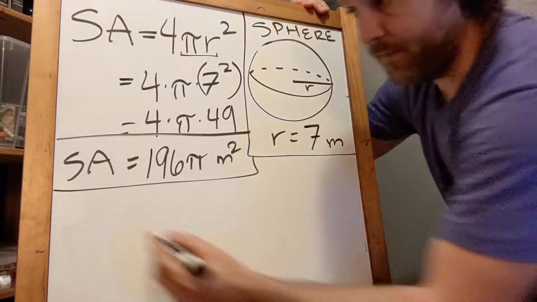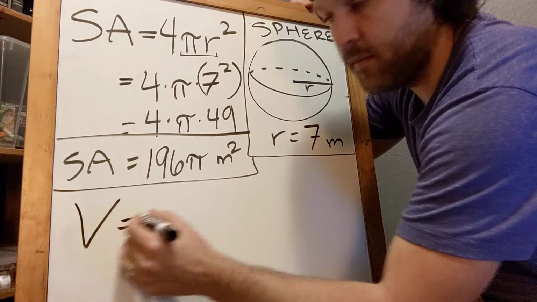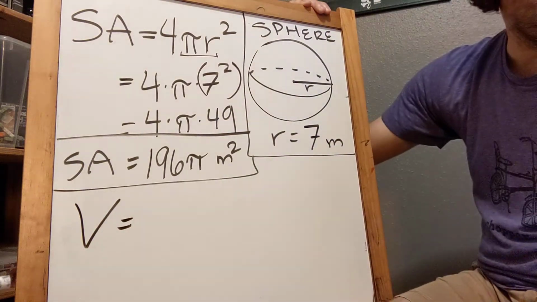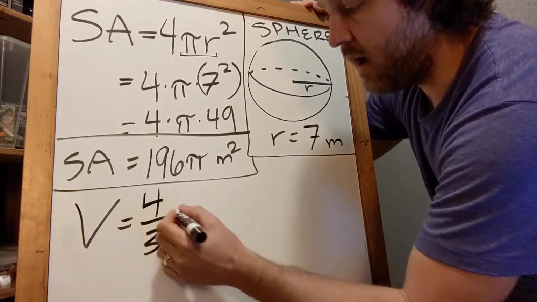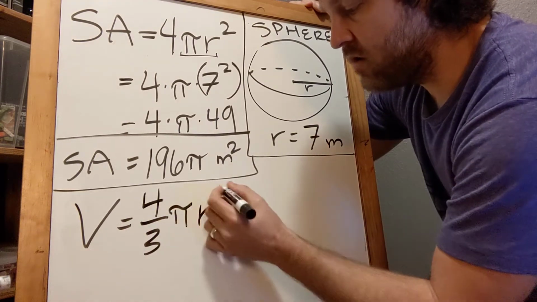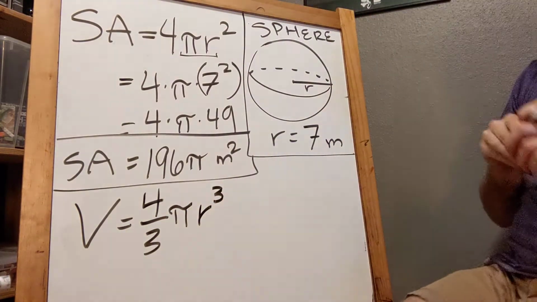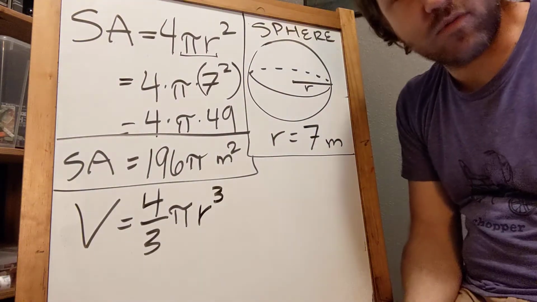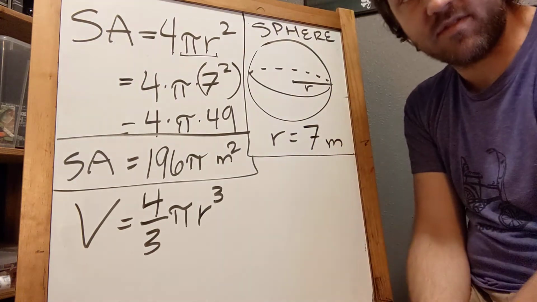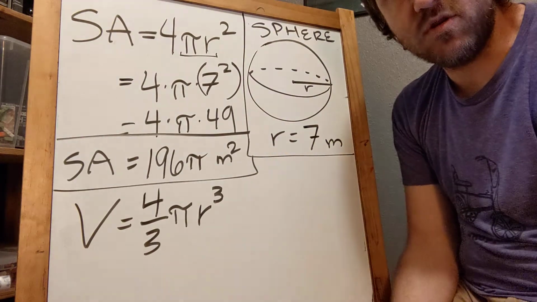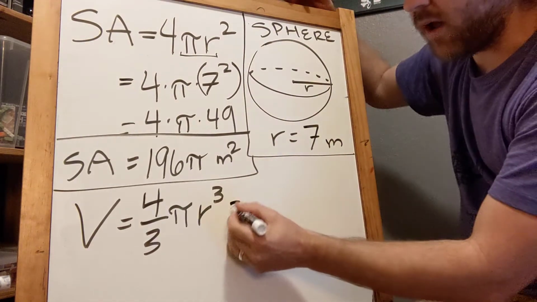So that's surface area. Volume, similar. Volume has the formula of 4/3 pi r to the third power. Okay, we haven't done really much with powers above 2, but remember, it means that we're going to multiply this number times itself 3 times. So when you do this, we'll go ahead and write what we plug in.